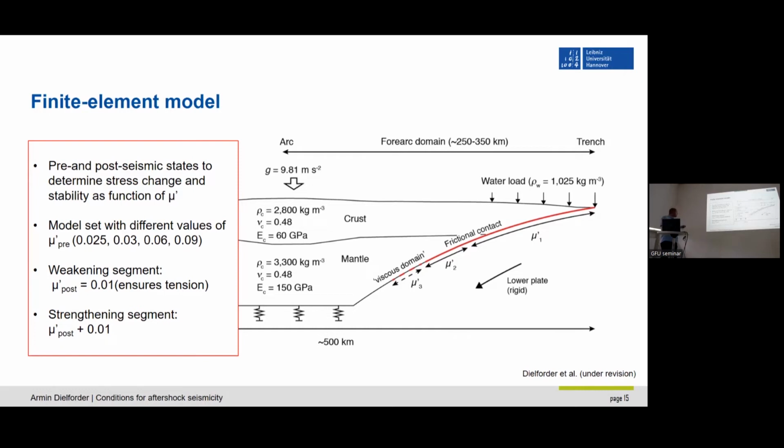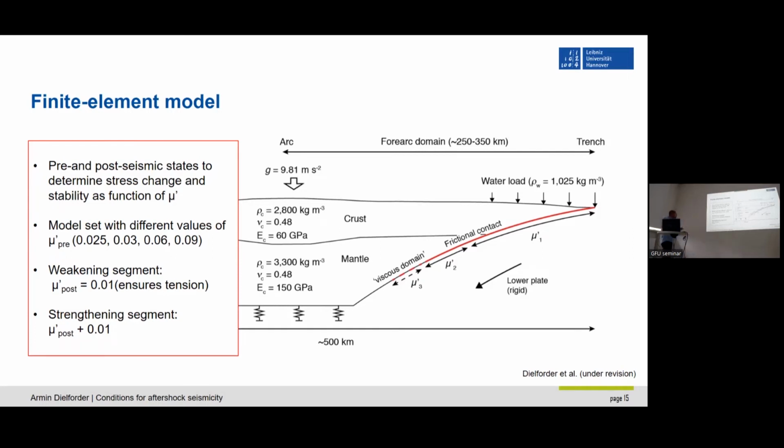We did different model sets where we chose different pre-seismic values for the friction coefficient of the megathrust. We use two very low values, 0.025 and 0.03, and then slightly higher values of 0.06 and 0.09. With that, we change the pre-seismic stress conditions in the forearc.